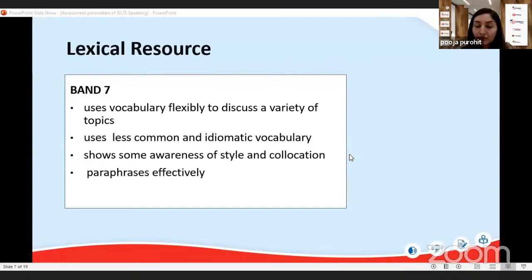So collocations are words that naturally go together. For example, you will always say, I'm fond of fast food. You never say, I like quick food, right? So fast food, these words go together naturally.